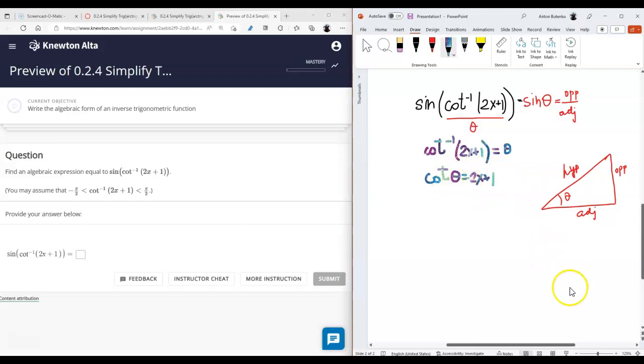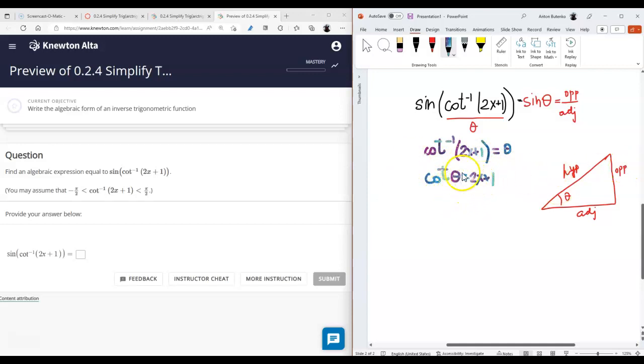So saying this is pretty much saying the same thing. If square root of x equals 2, well, that means x is equal to 2 squared. That's what it means. So we use the definition of cotangent inverse to learn about theta.